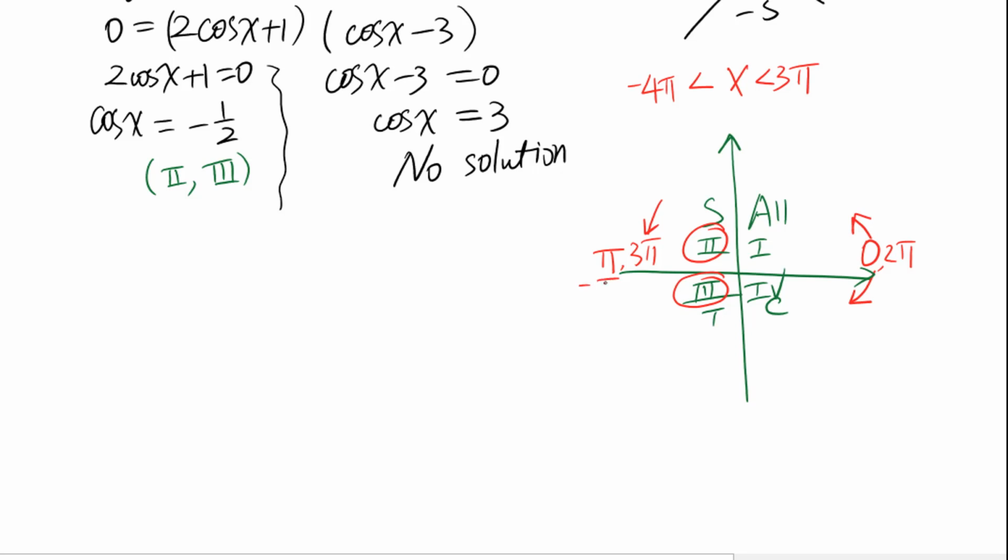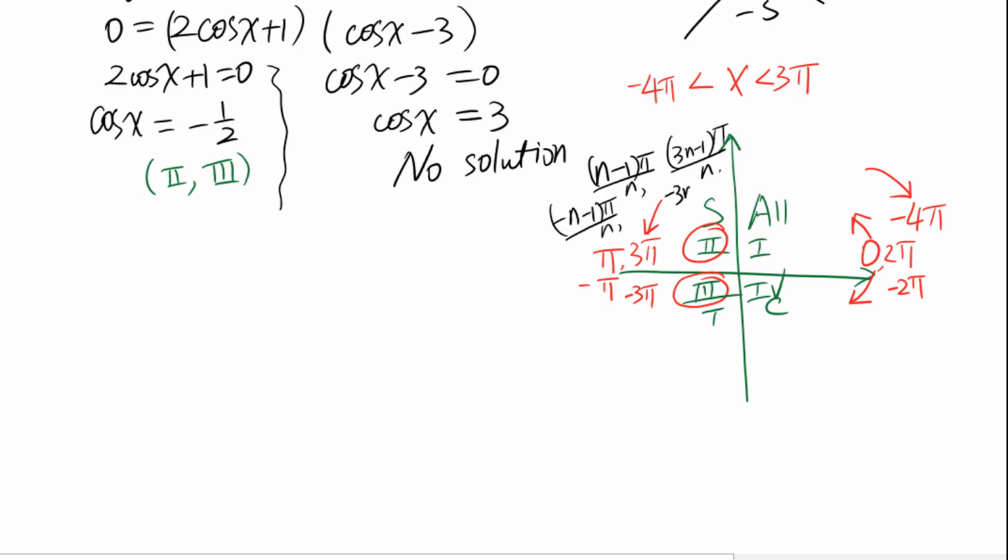Then you have negative pi, negative 2 pi, negative 3 pi, negative 4 pi. We stop at negative 4 pi. We only need to write the pattern for second and then the third quadrant. For second quadrant, you have (n minus 1) pi over n, (3n minus 1) pi over n, negative (n minus 1) pi over n, negative (3n minus 1) pi over n.